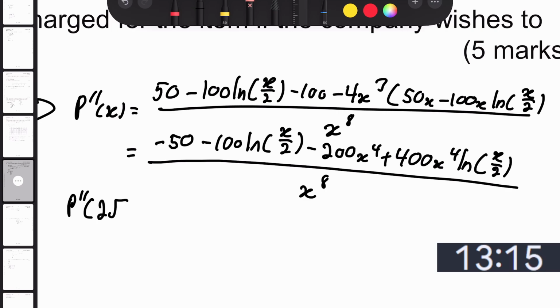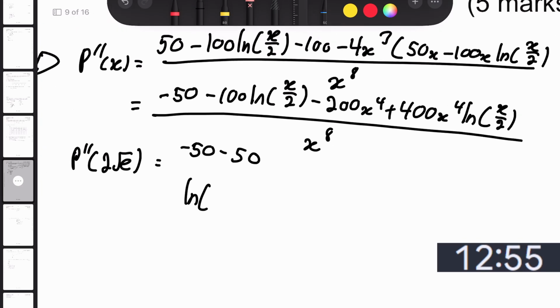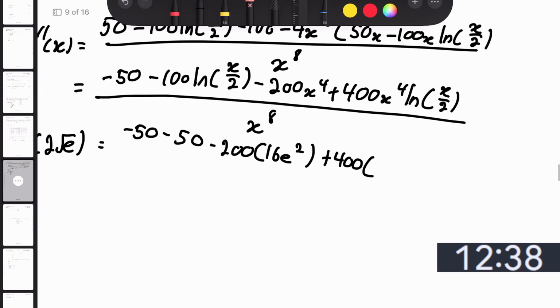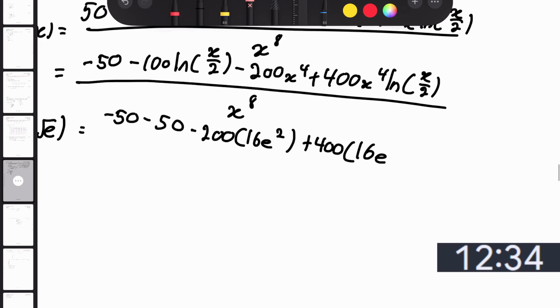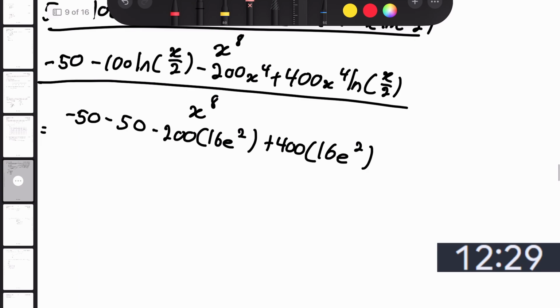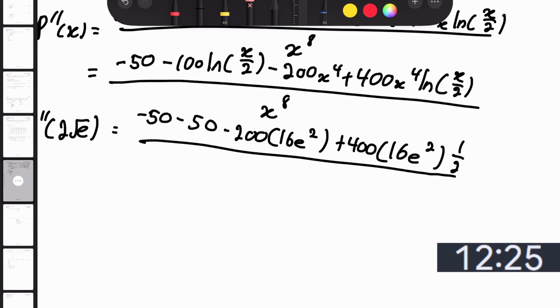P double dash of 2 square root of e is going to be equal to negative 50 minus square root of e, so that becomes negative 50 because ln of x on 2 is half of e, minus 200 of 16e squared plus 400 times 16e squared times a half, all over 2 to the power of 8 e to the power of 4.